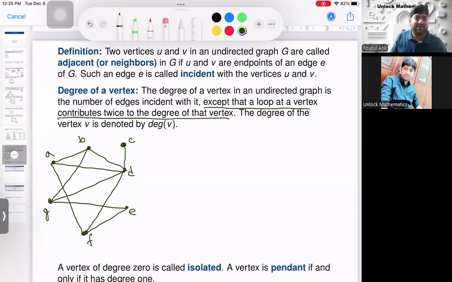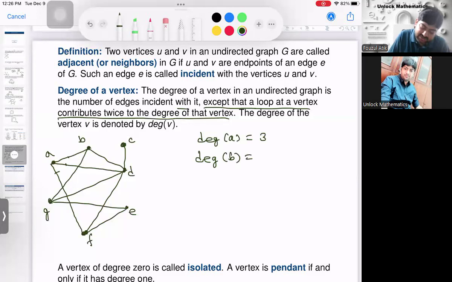But first of all, the degree of a vertex in an undirected graph is the number of edges incident on it, denoted by degree V. So I want to check the degree of the vertex A. How many edges are involved in it? 1, 2, and 3. So degree of the vertex A is 3. Degree of B is also 3, with 3 edges involved.